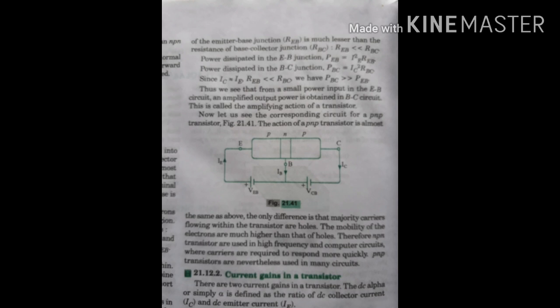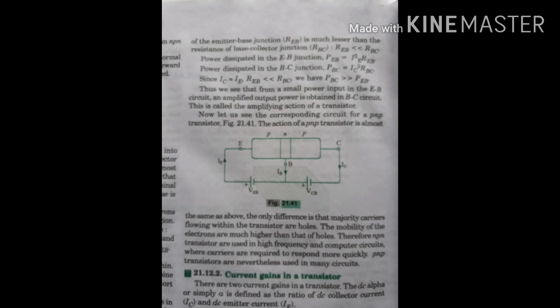The power dissipated in the emitter base junction is PEB equals IE squared times REB. Similarly, the power dissipated in the collector base junction is PBC equals IC squared times RBC.